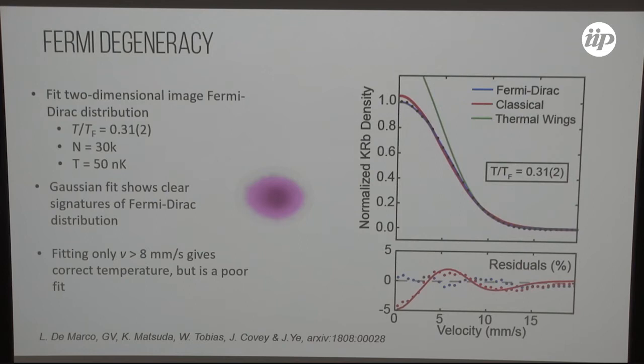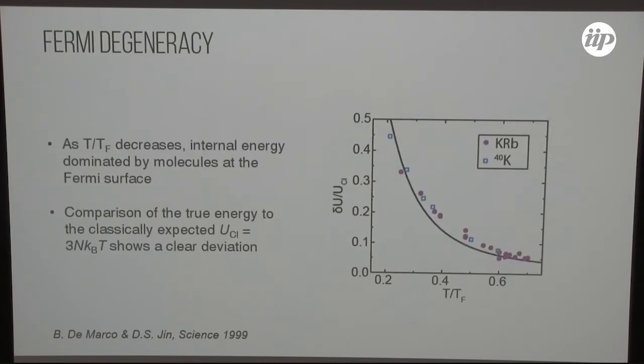And if you want to extract correctly the temperature of this system with a classical fit, you can also see that constraining the fitting function only at the edge of the density profile gives an overestimate at the center. So this is, again, another signature.